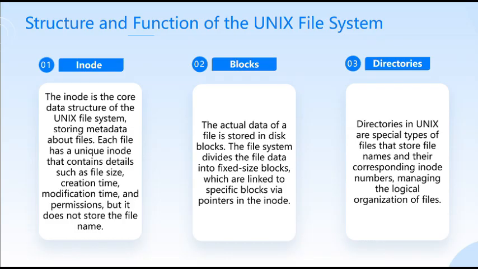And then it's blocks. Blocks represent the actual storage units, while inodes act as a map to locate them. And then is directories. Directories work like a contact list, linking human readable names to system recognized identifiers.